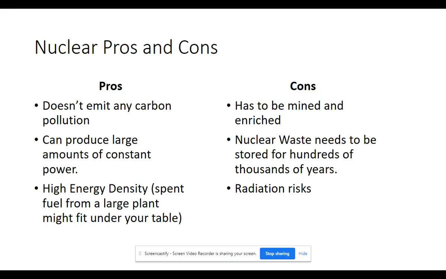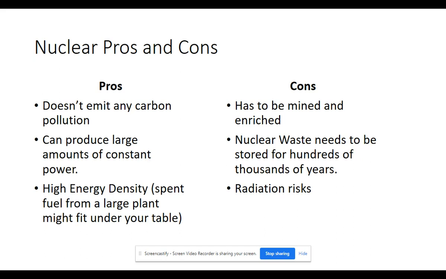Once we're done, nuclear waste needs to be stored for hundreds of thousands of years. That's probably the biggest problem that we have right now: what to do with the waste. Sure, it's only 1 meter squared worth of waste, but where are you going to put that? It's going to be radioactive for arguably thousands, millions of years, and we've got to take care of it. There are lots of different ideas on where you can put it.